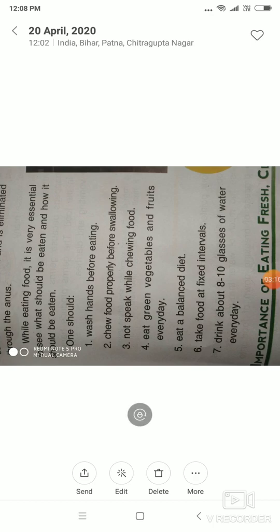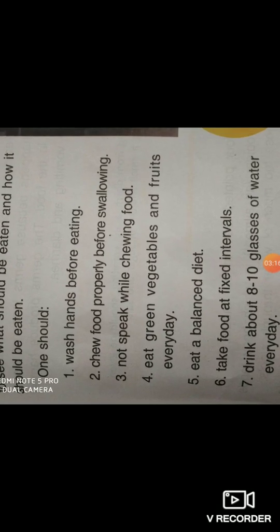So what will you take care of during eating? First of all, you will wash your hands before eating. Okay, now second, you will chew food properly before swallowing it, and do not speak while chewing the food. Okay, and eat green vegetables and fruit every day.